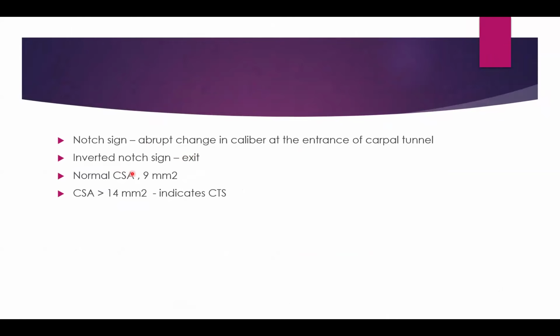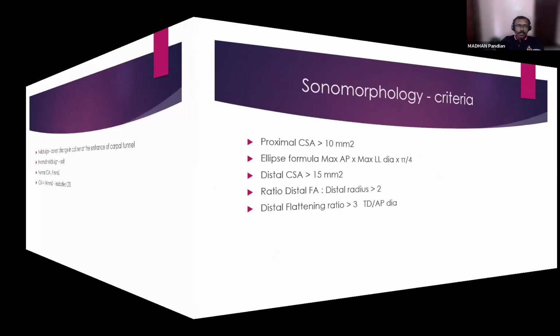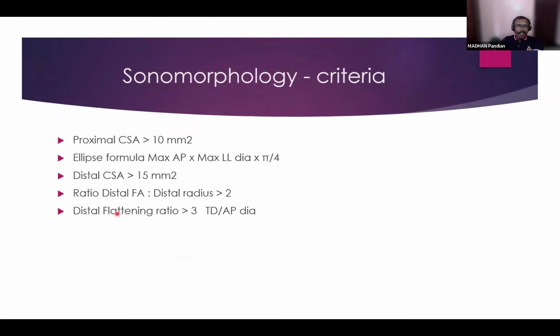It's called the inverse notch. And anything more than 14 millimeters square is called carpal tunnel syndrome. Morphologically, there are many other criteria, but please do not remember everything. Just remember only one thing, which is more than 14 millimeters square at the distal carpal tunnel. It's indicative of carpal tunnel syndrome.